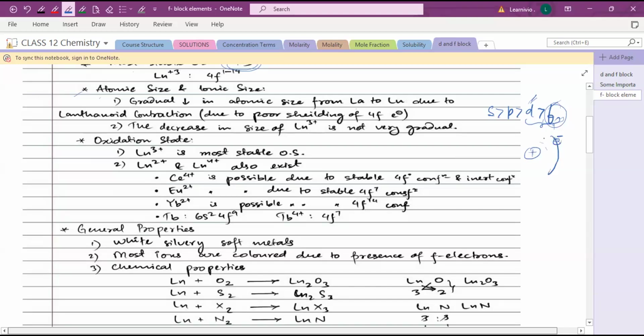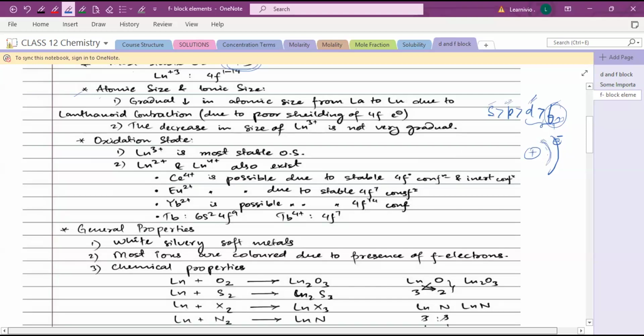Okay, so because the inner electrons are not capable of intervening in the path of this force of attraction between the nucleus and the electron. So what happens here? Due to the poorest shielding effect of f orbitals, there will not be as strong a shielding effect as compared to the p and s orbitals.